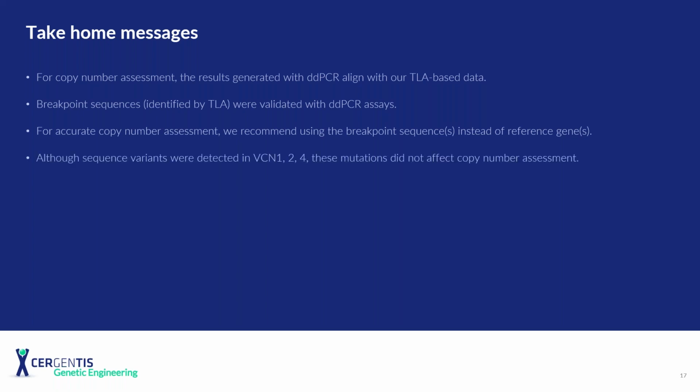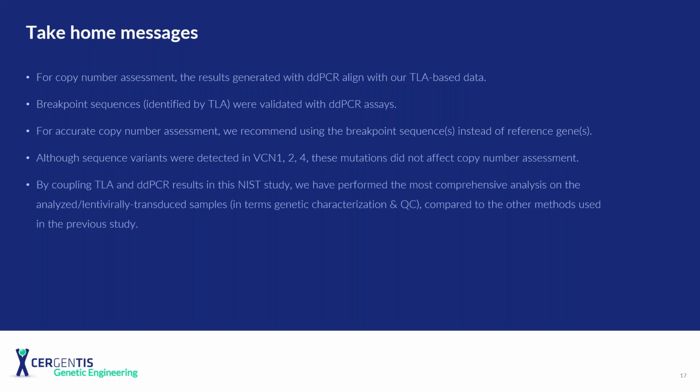And although sequence variants were detected in VCN1, VCN2, and VCN4 cell lines, these mutations did not affect copy number assessment. So by coupling TLA and ddPCR results in this study, we have performed the most comprehensive analysis of tested samples compared to the other participants.